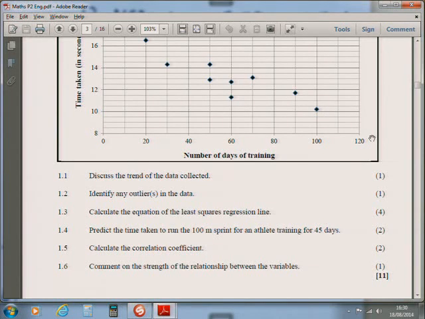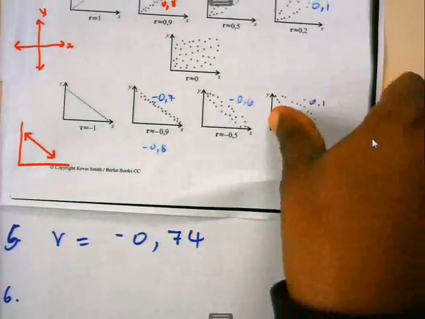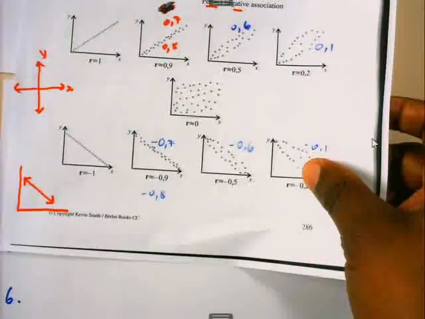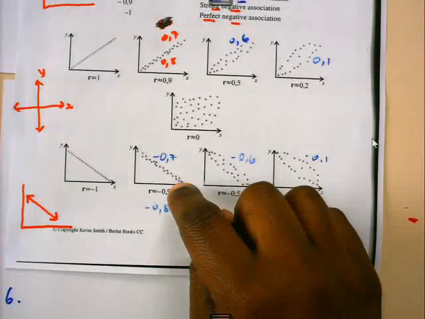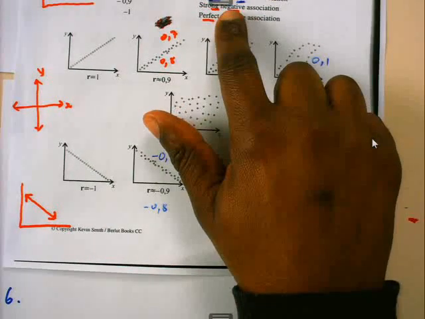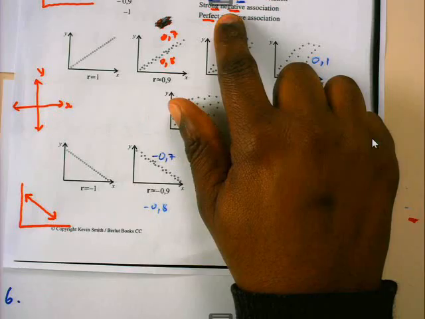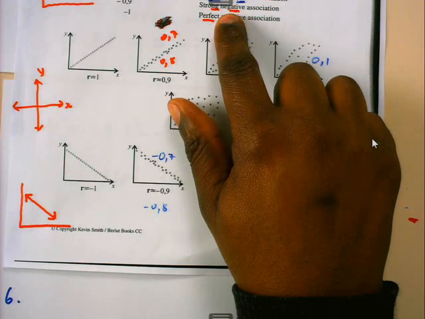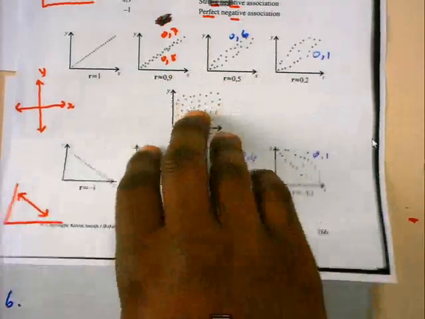Once it's a negative association, we check our notes just to make sure. Comment on the strength. Now negative 0.7, here we are. It's a strong negative association. Are you happy with that?